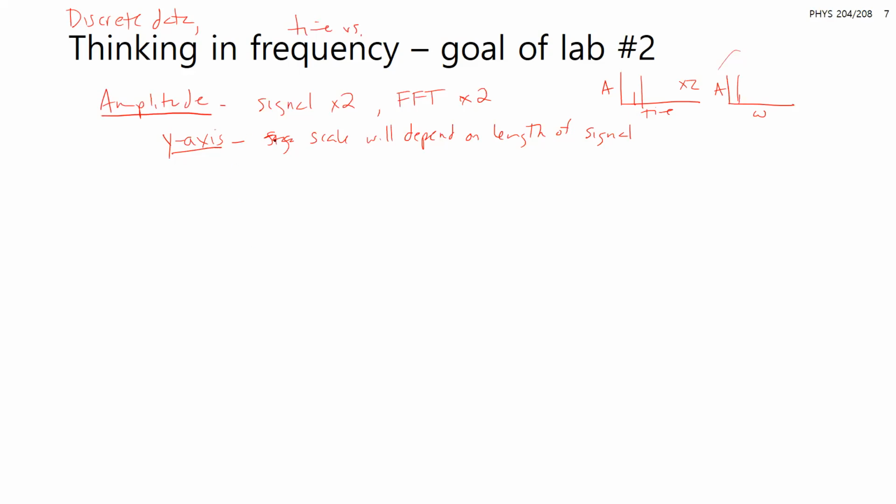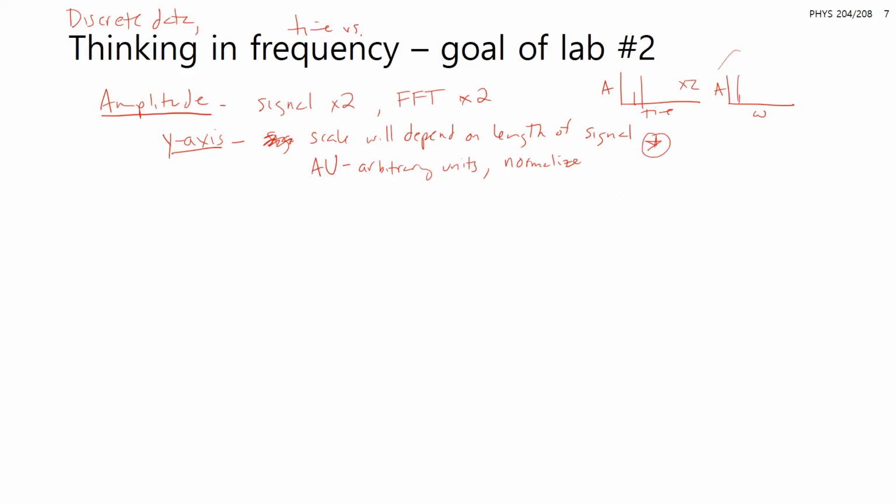Because of that, I want to note that you can either notate your y-axis scale in terms of arbitrary units, or you can normalize your data so the magnitude is 1, or the area under the entire curve sums to 1. That's how you should represent your y-axis there.